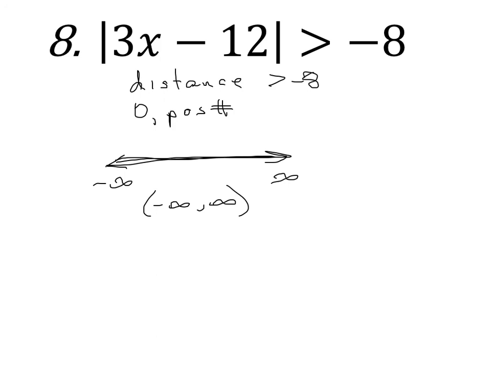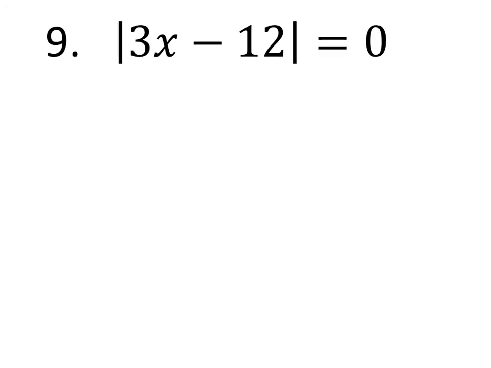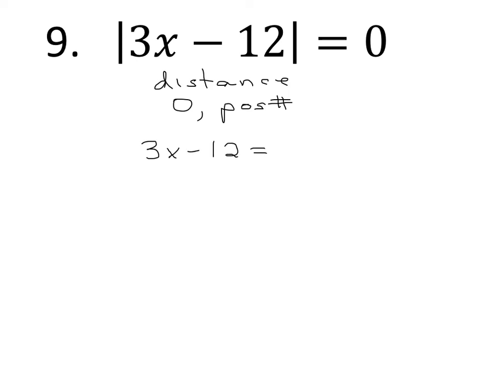Okay, now in this case we have that a distance is equal to 0, and we said that can happen. A distance is either equal to 0 or it's going to be a positive number. In this case it's equal to 0. So we only have one case, because we can't say 3x minus 12 equals negative 0.